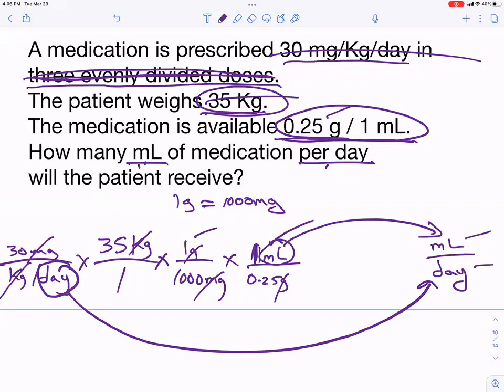So now you're done. Now it's just math. So 30 times 35 times 1 is 1050. And 1,000 times 0.25 is 250. And when you divide 250 into 1050, you're going to give 4.2 milliliters a day.